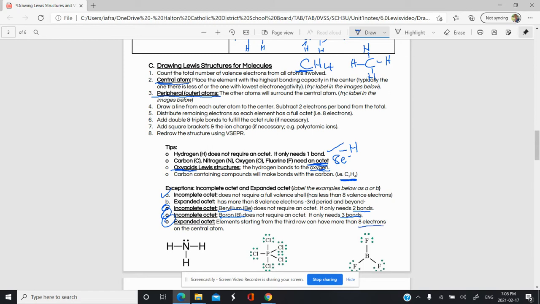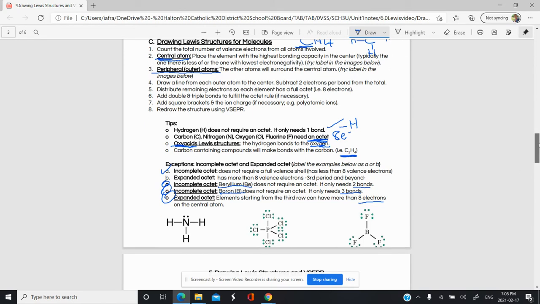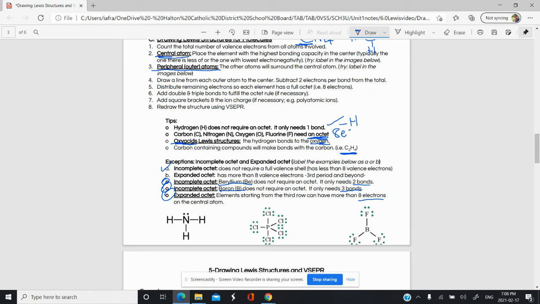So let's just take a look at some pictures below here before we start drawing some examples, just to see what we're dealing with. So here we have various Lewis structures. Here we have the Lewis structure for ammonia. And what I want you to notice is that the nitrogen is the central atom. It has 1 lone pair, and then we have 3 bonded pairs, 3 single bonds between the nitrogen and each hydrogen.